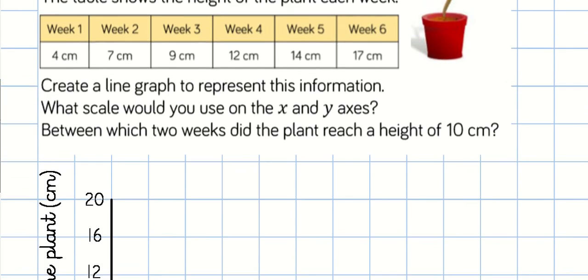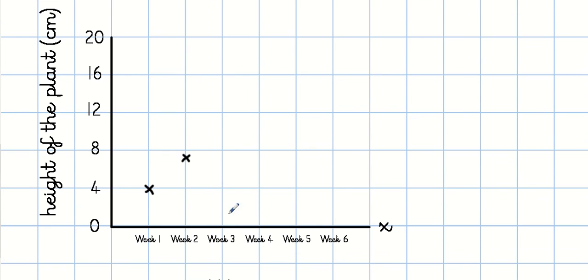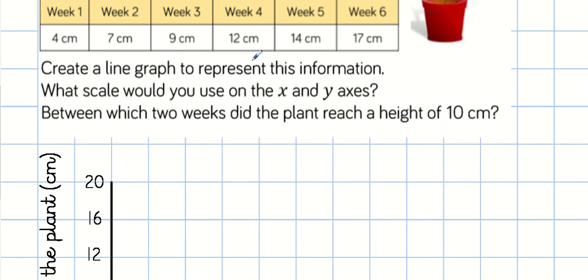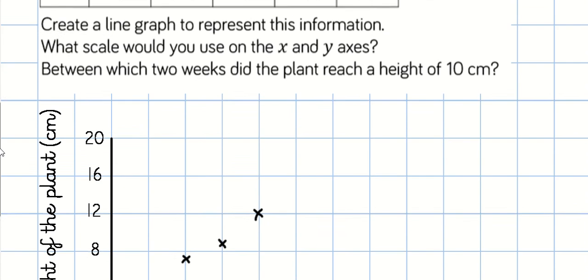In week 3, my plant had grown up to 9 centimeters. So I've got to now represent 9. So for week 3, I'm going to be just above 8, aren't I? For week 4, my plant grew to 12 centimeters. So I'm going to have to go up to week 4 and represent 12 centimeters.